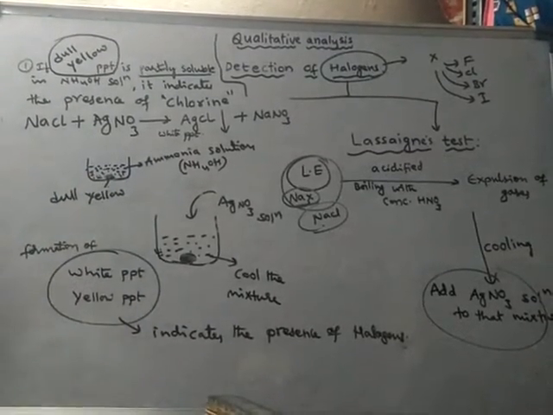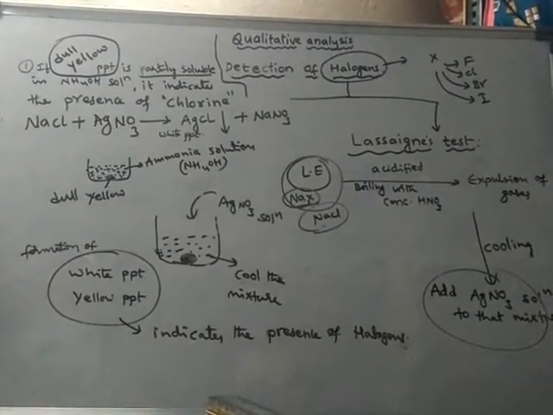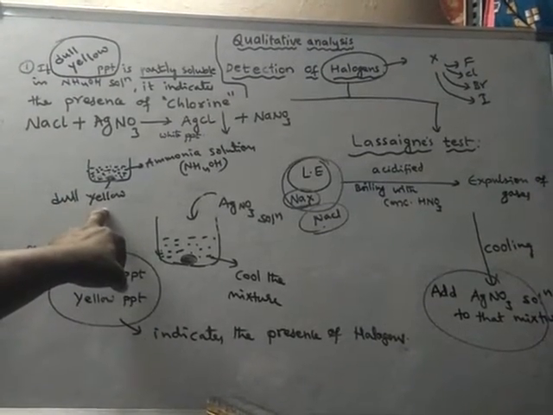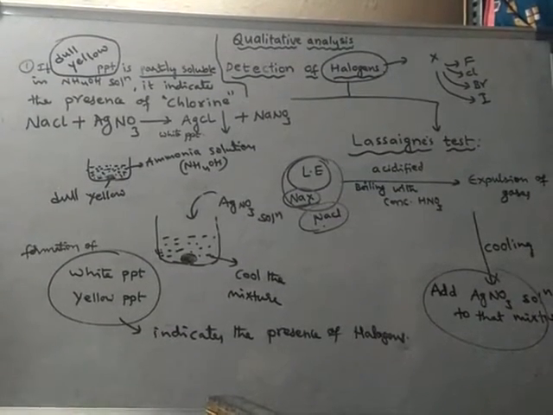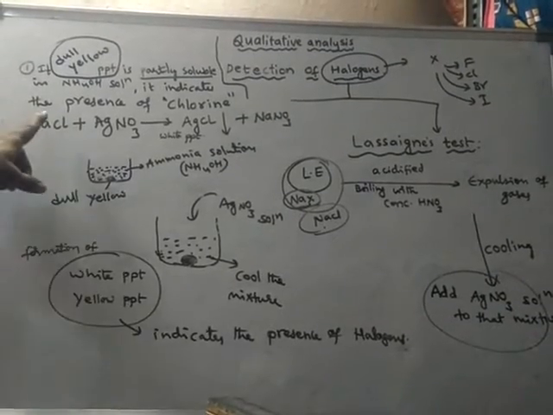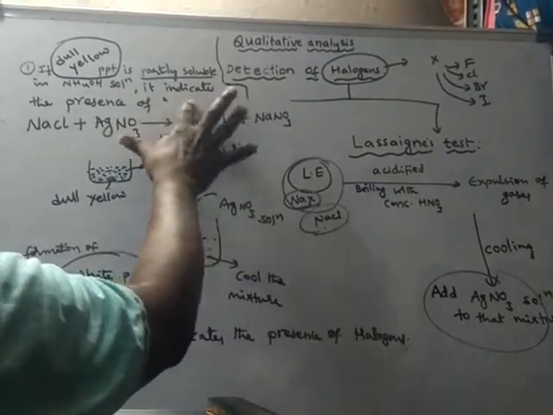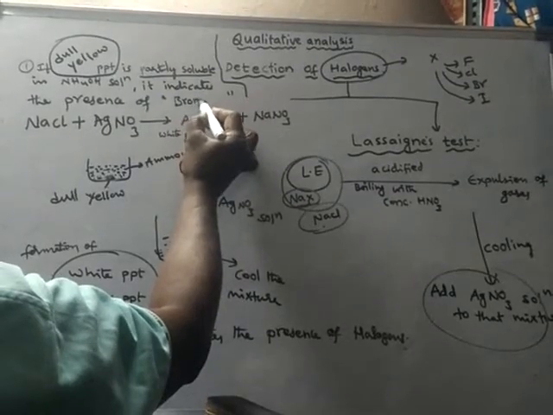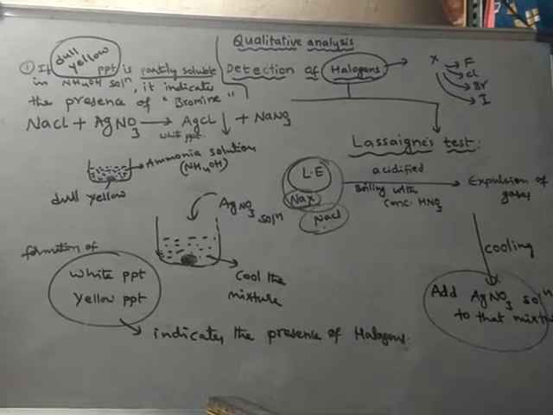Partly soluble means only a little amount of that precipitate is soluble in ammonia solution, NH4OH solution, and most of the yellow colored precipitate remains as precipitate only. Only a little amount of the dull yellow precipitate is dissolved. So it indicates the presence of what? Bromine. It indicates the presence of bromine in the organic compound. That means that organic compound is said to be having bromine.